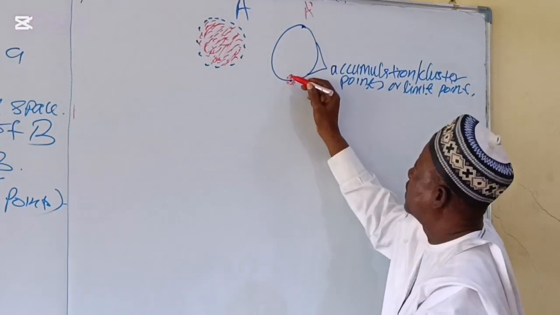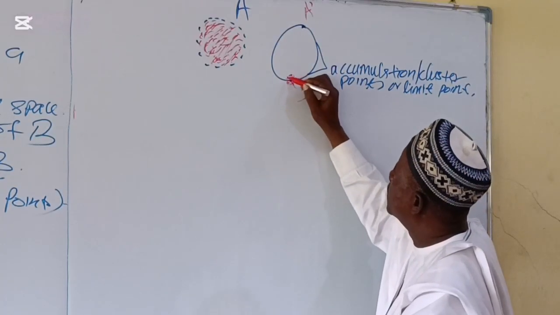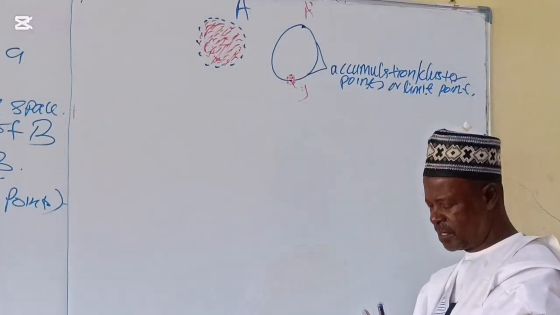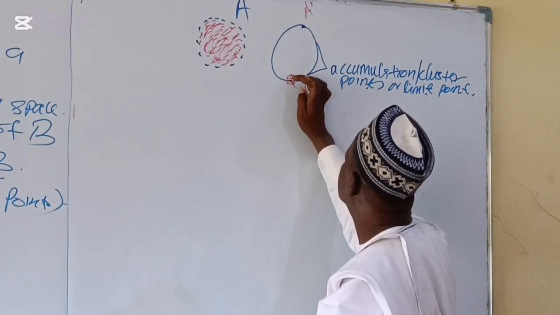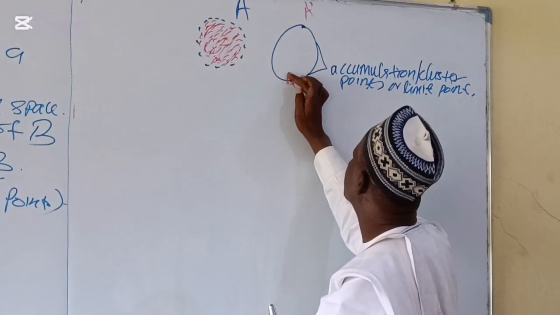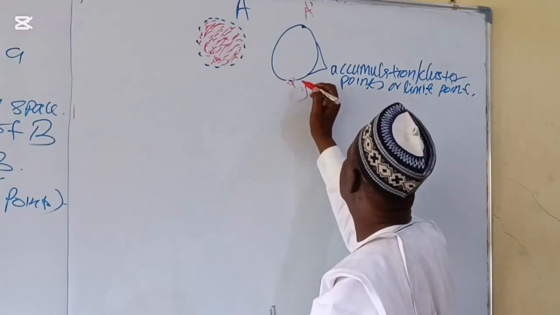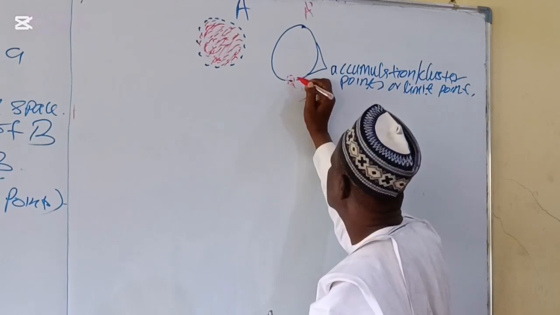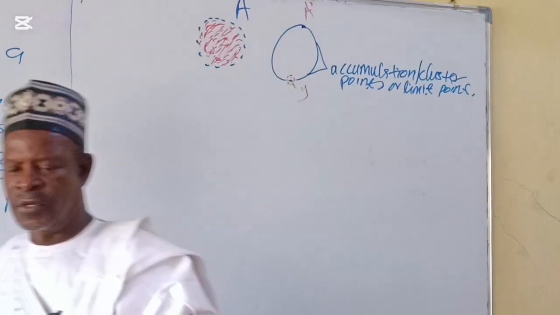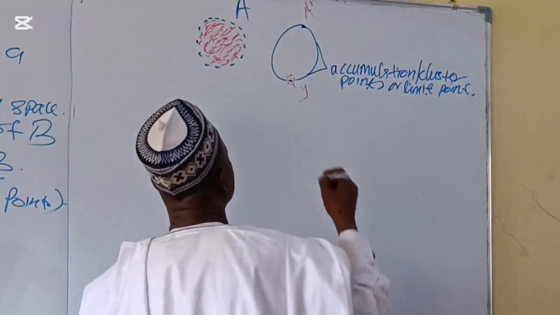There are points inside A dash apart from this Y. I'm using round because I'm using a neighborhood in two-dimensional space.